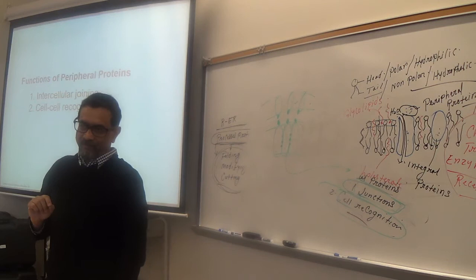Cell recognition, very good. And integral: transport by forming channels, right? Another one I explained for a long time, shape, receptors. Receptors, very good, right? And also acting as enzymes. Remember that? So basically those are the things we have taught, okay? You need to remember, don't forget, okay?